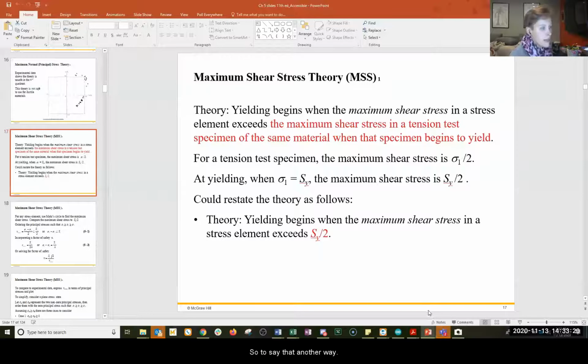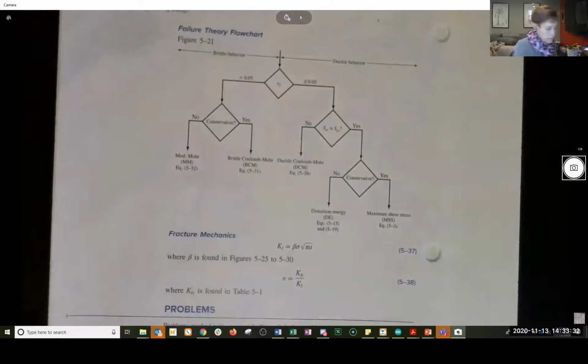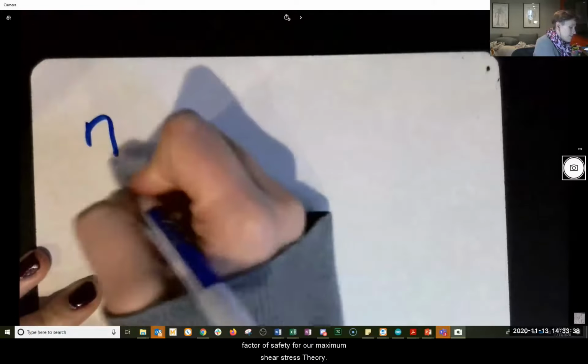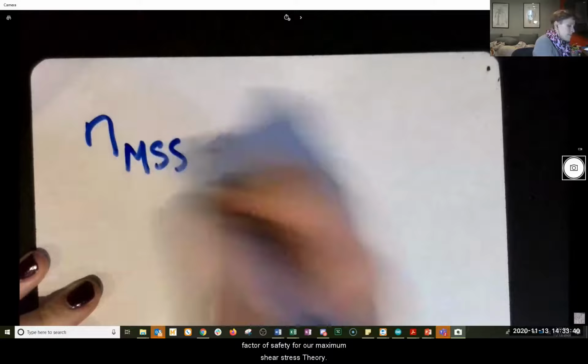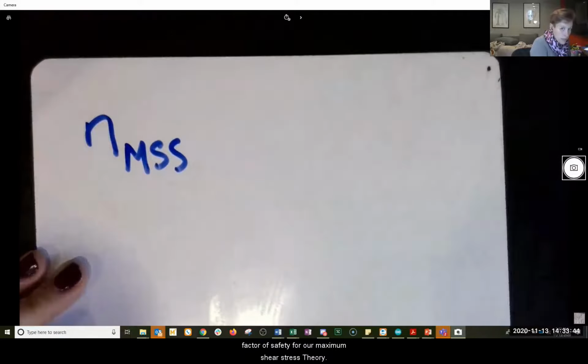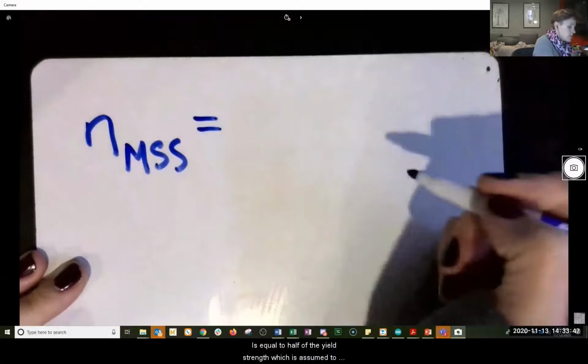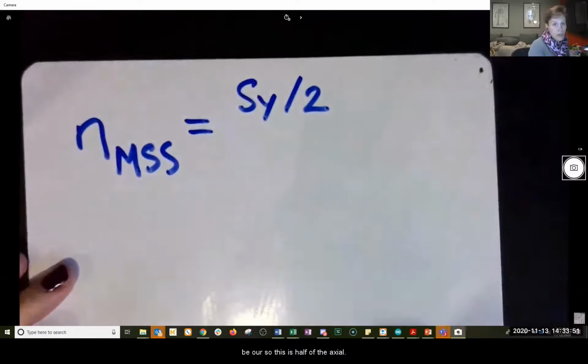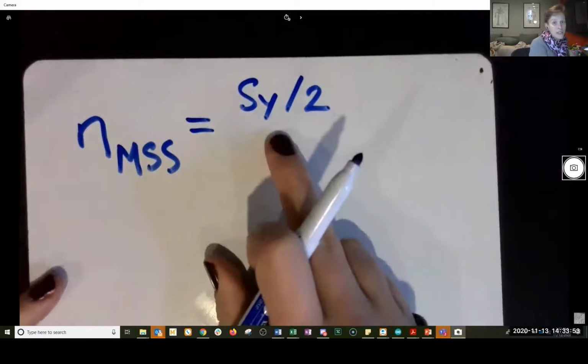So to say that another way, our factor of safety for maximum shear stress theory is equal to half of the yield strength, which is half of the axial yield strength.